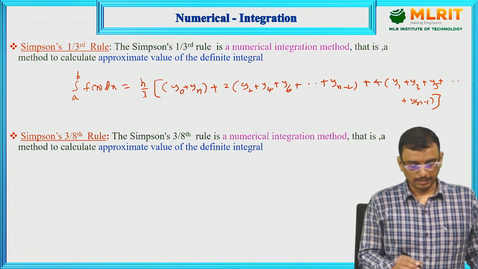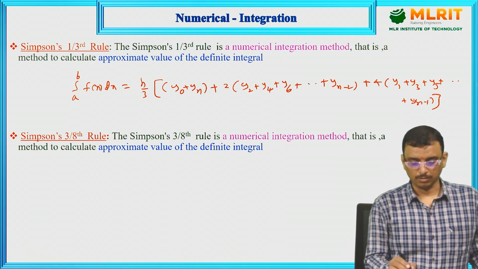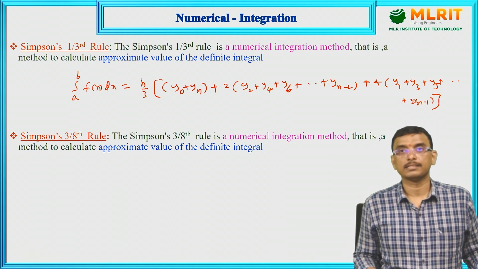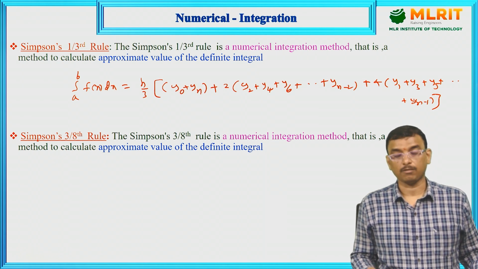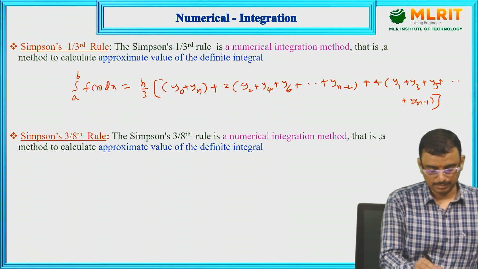Similarly, we can write Simpson's 3/8 rule. How do we get this? By substituting n is equal to 3 in Newton's Cotes quadrature formula, we get Simpson's 3/8 rule.